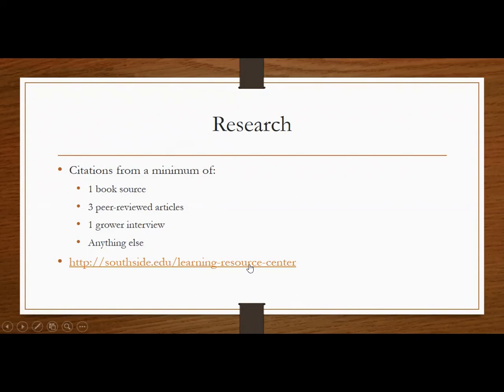When you search, it should say on the right side whether it's a peer-reviewed article or a book source. You can use ebooks for your book source, or go through the library and find a good physical book. Whatever you want to do, just make sure you have at least 5 sources of this criteria.